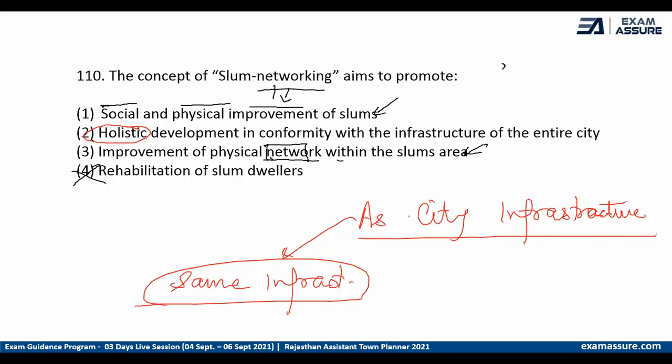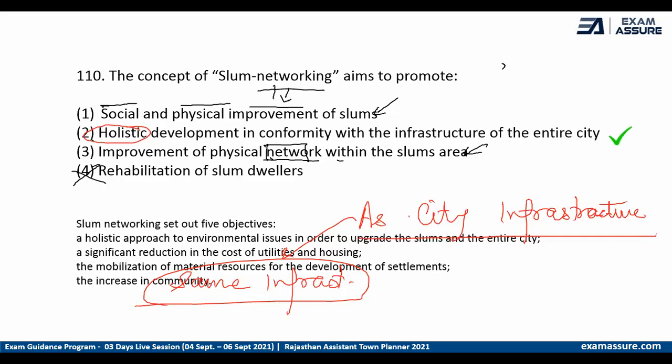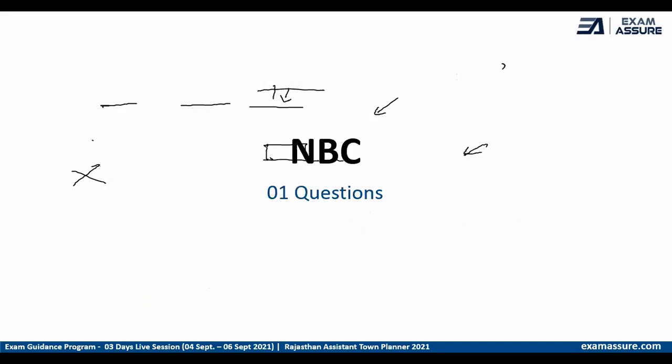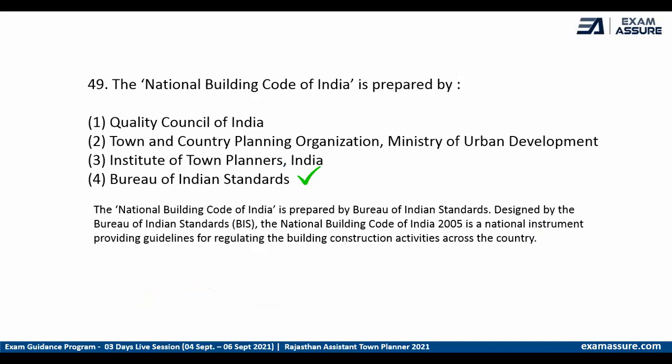Okay, let's move on to the next one. NBC: there was only one question in the 2018 paper. Let's see what that question was. National Building Code of India. It's a very simple question. A lot of the building codes in India are given by BIS.